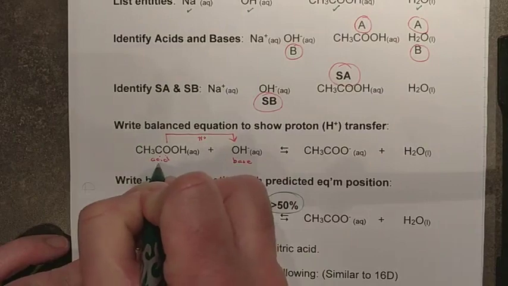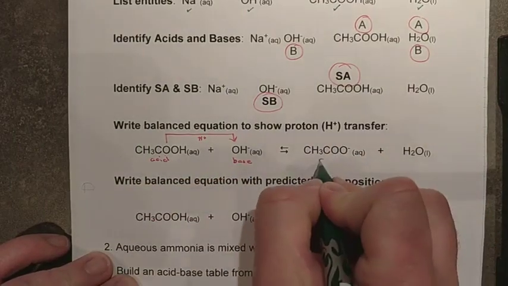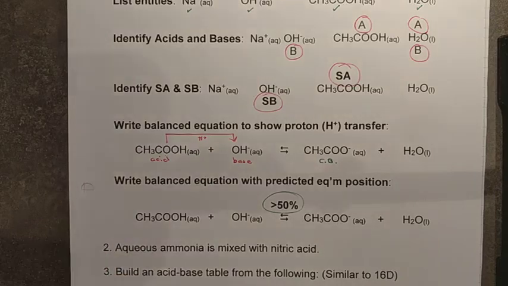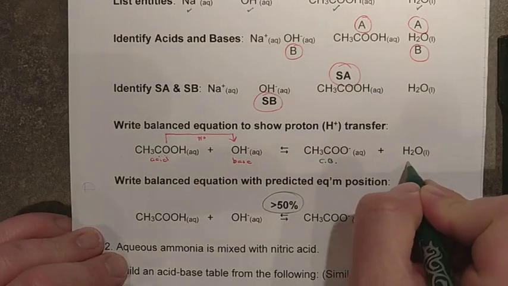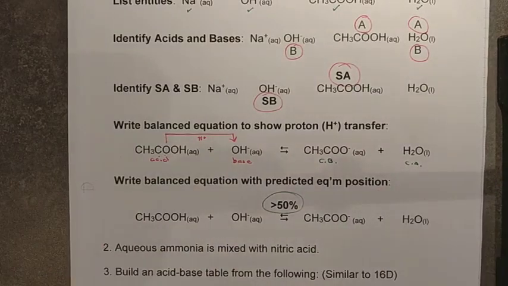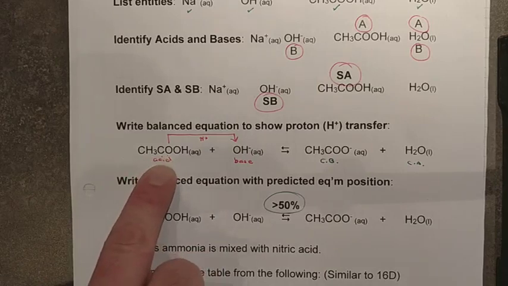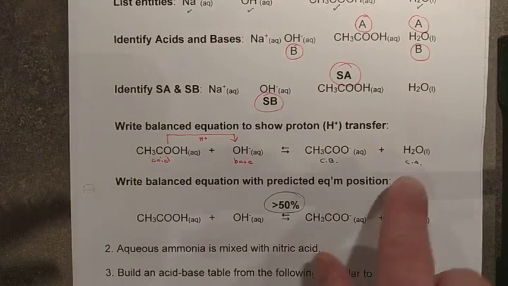All right, if this is my acid, its conjugate base is right here, and we would just take a look at these two and figure out which is the stronger acid-base pair. All right, is acetic acid a stronger acid than water?